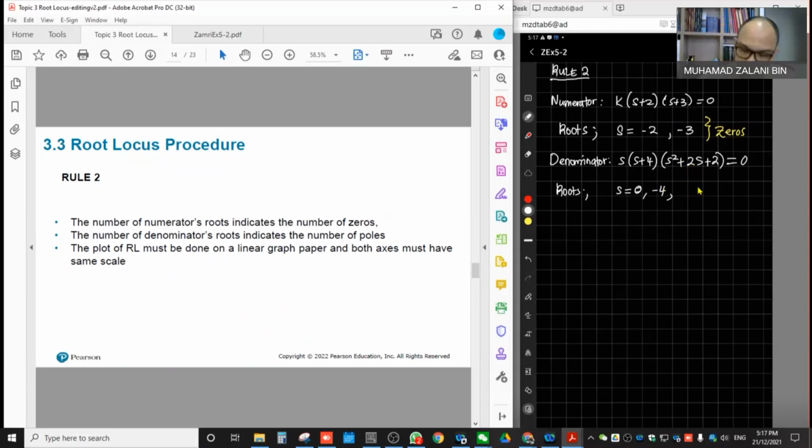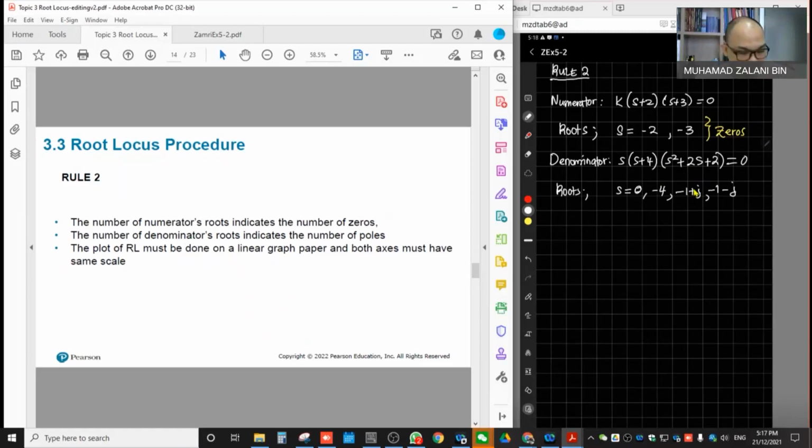Using that, you will get the roots in terms of complex conjugates: -1 + j and -1 - j.